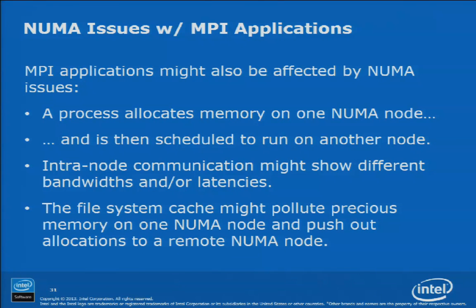And so there might be NUMA nodes in your system that are fuller than others, right? And then, you know, things start to get complicated. And also, when you read a file from a process, and the file system cache is on another NUMA node, you also see different latencies than you would see when you access the file more locally from the NUMA node with the file system cache.